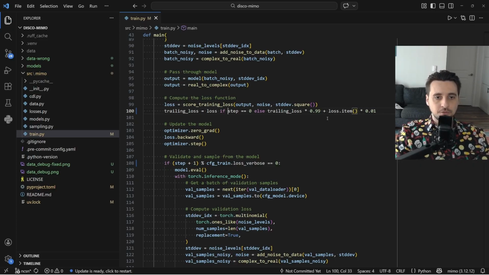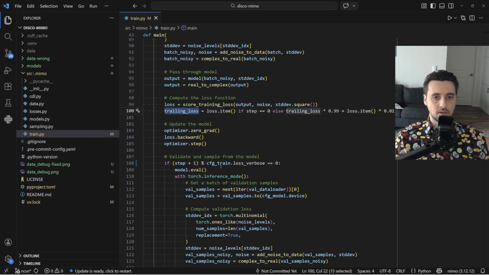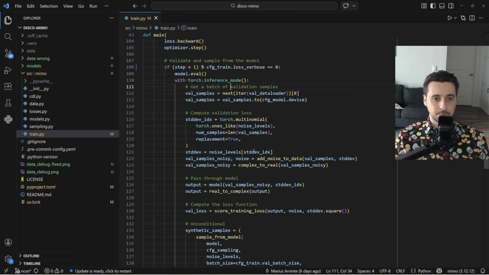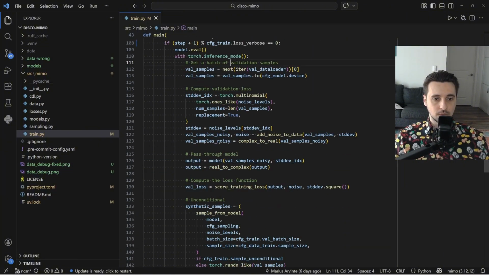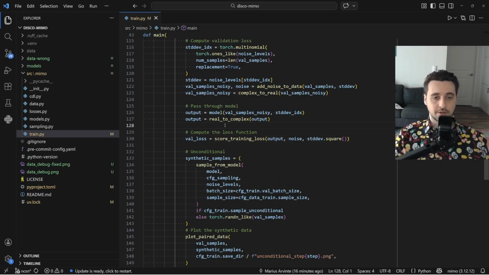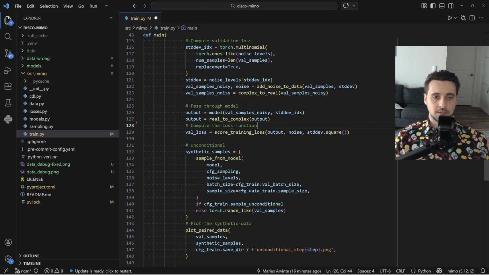I would like to trail, and then every time the loss verbose hits, we'll compute the validation loss and print it.